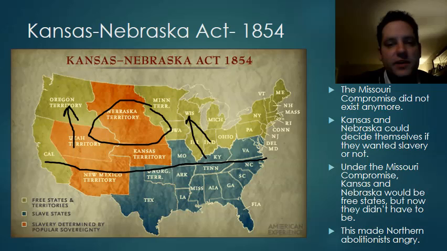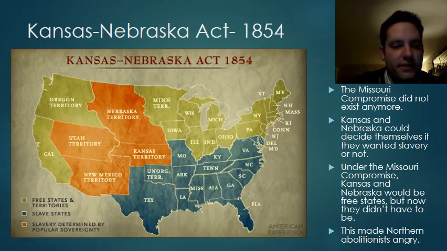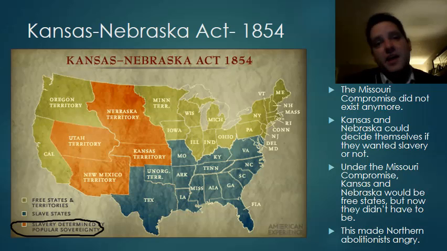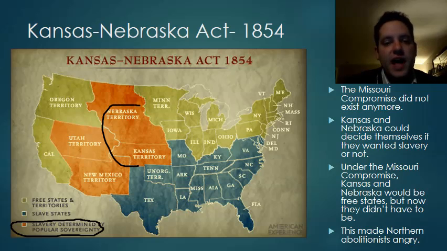But now you literally get rid of that line, and now instead of no slavery, slavery is determined by popular sovereignty, meaning slavery is determined by if people want it or not. If more people want it, then it becomes a slave state. If more people don't want it, then it becomes a free state. So now these two have a choice.